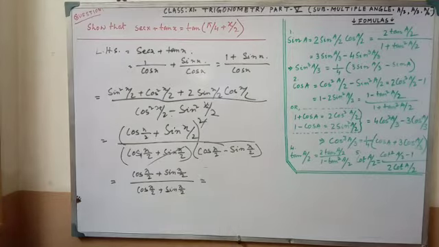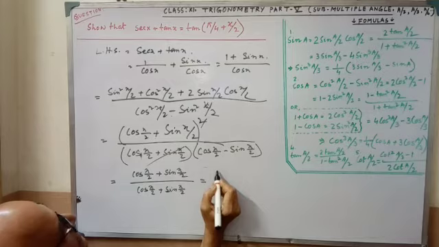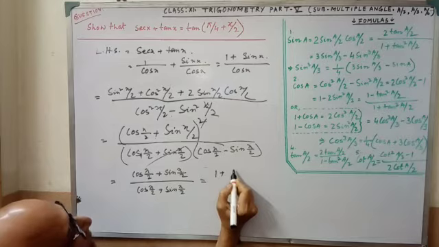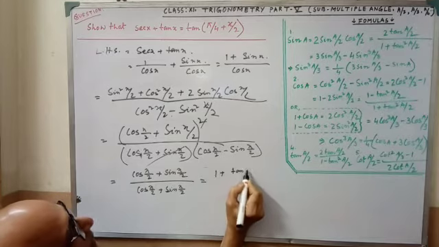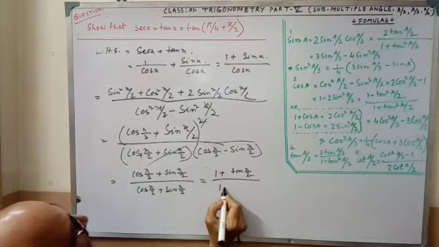Now dividing numerator and denominator by cos x by 2, it will be 1 plus sin x by 2 by cos x by 2, that is tan x by 2, divided by 1 minus tan x by 2.